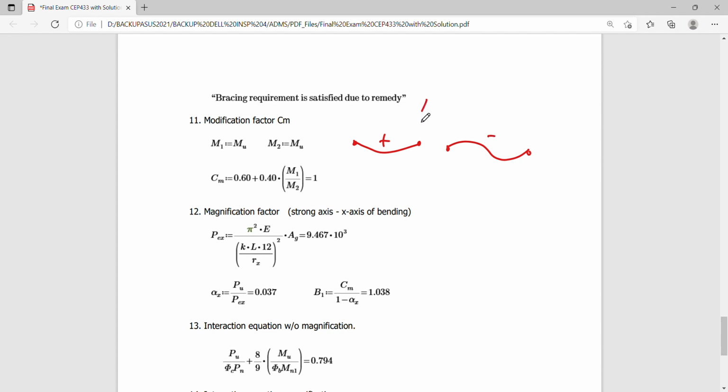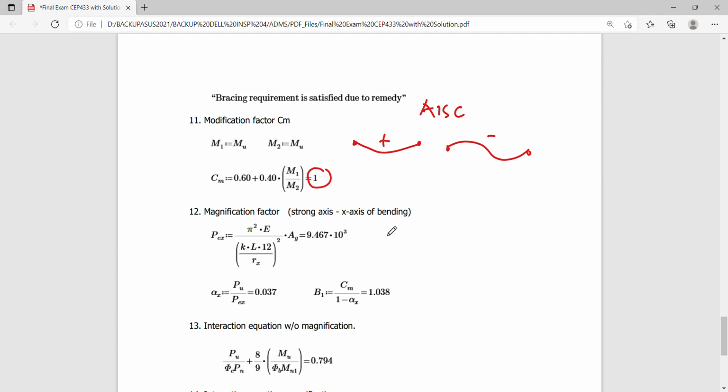These are from the AISC sign convention of the bending moment based on curvatures. So we have now M1 and M2 in single curvature. They're both positive, so this becomes 1. And if you take a look at the formula, this will simply yield a value Cm equals 1.0.